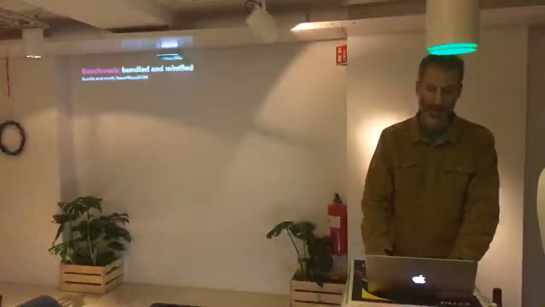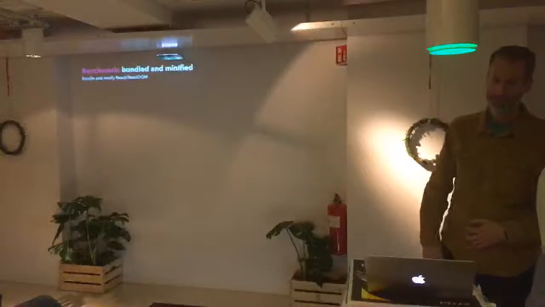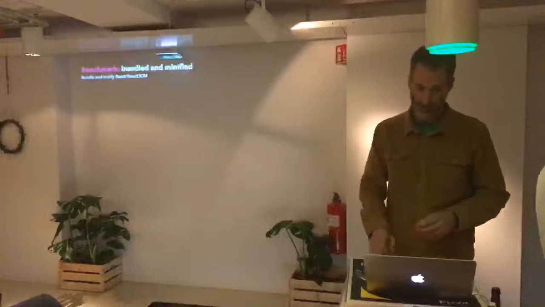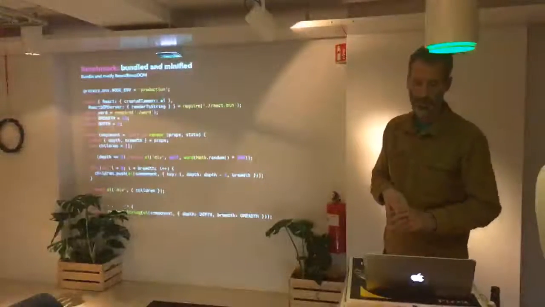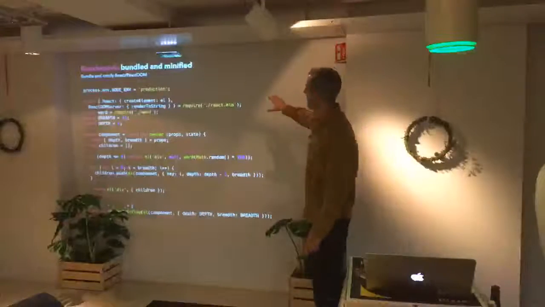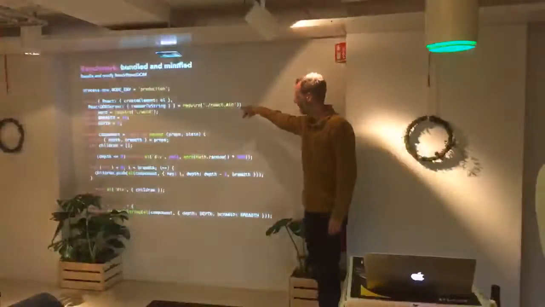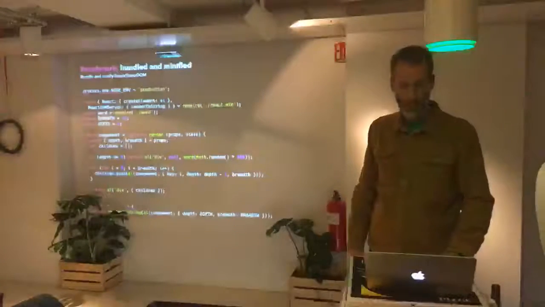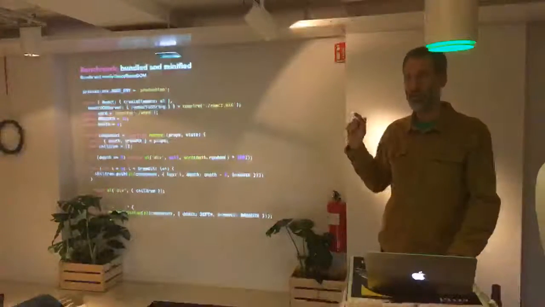All right. So next, bundled and minified. So bundle and minify React and React DOM. Does it sound crazy? I can't really show you that, but I made a bundled version of React with both those libraries together. React does have a dist.